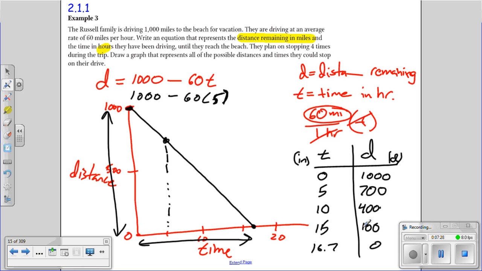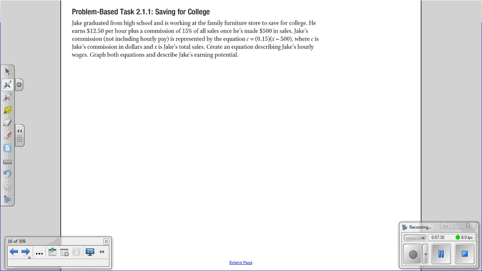Now this next example, I'm not going to go through the whole problem, but I just want to get you started here. And here we have a scenario where we have a function, which is how much money you make, but it's based on two separate equations working together. So it says Jake graduated high school, is working for a family furniture store to save for college. He earns $12.50 per hour plus commission. Okay, so I'm going to say E for how much he earns.